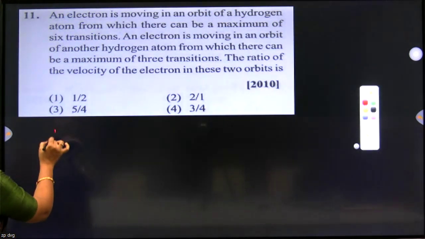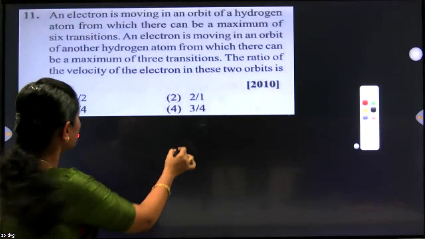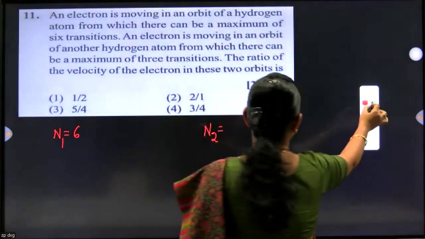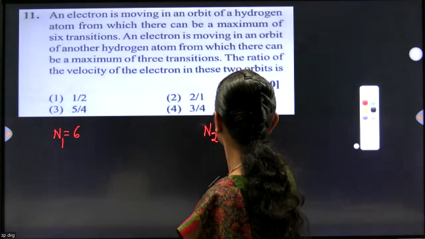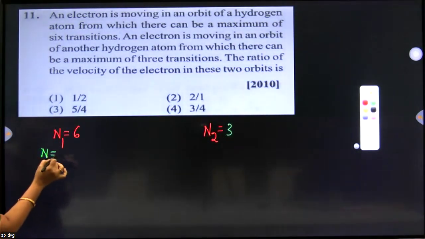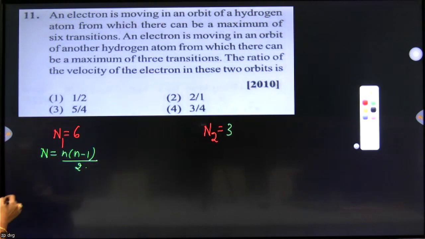For the first one, the number of transitions is 6. And for the second one, the number of transitions is 3. We know that N is equal to n into (n minus 1) by 2.